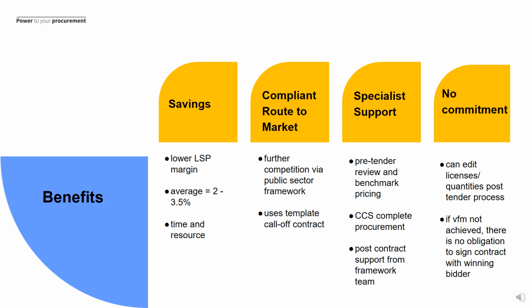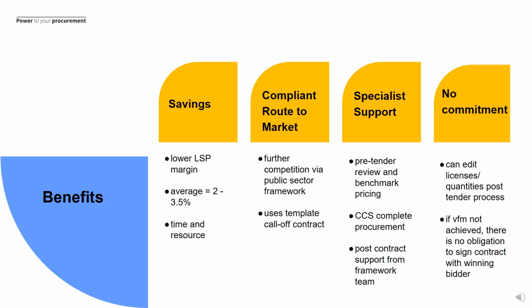So here I've just set out some of the benefits of joining one of our aggregations. We've got savings first. We hope to make savings obviously by offering that volume to the marketplace. The average savings you might hope to make could be between 2 to 3.5%, and that's the average across all aggregations and all customers that have joined so far.